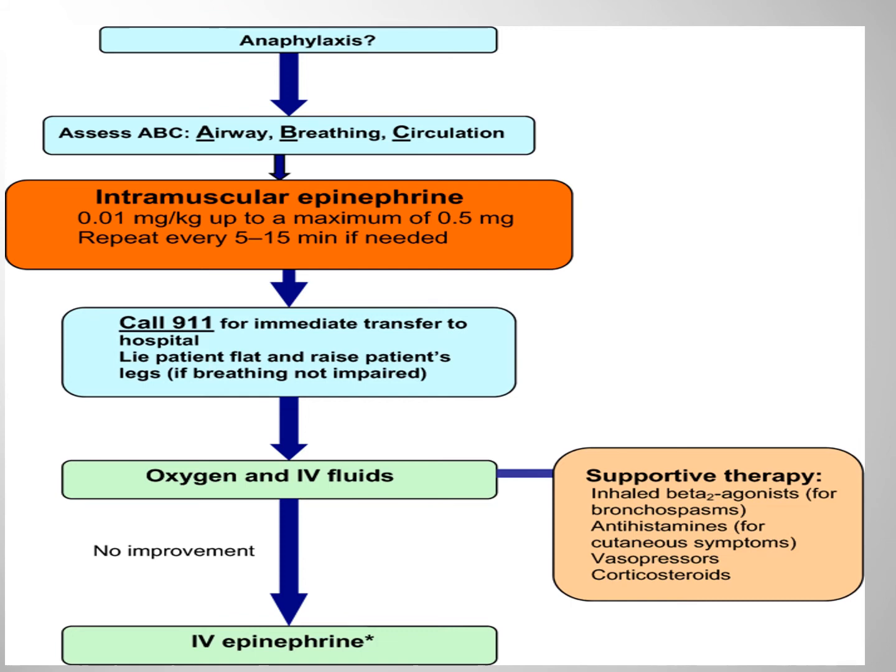And then if we determine that it's anaphylaxis, then they're going to receive an intramuscular injection of epinephrine, not subcutaneous anymore. We don't use subcutaneous epinephrine since it was absorbed poorly. And typically it's 0.3 milligrams. So an EpiPen is 0.3 milligrams of epinephrine.